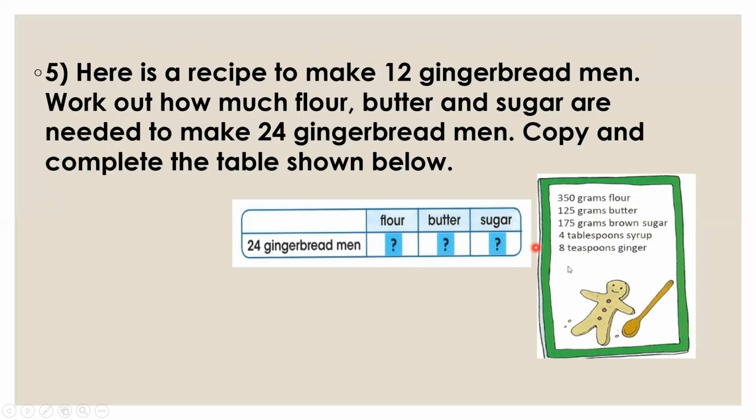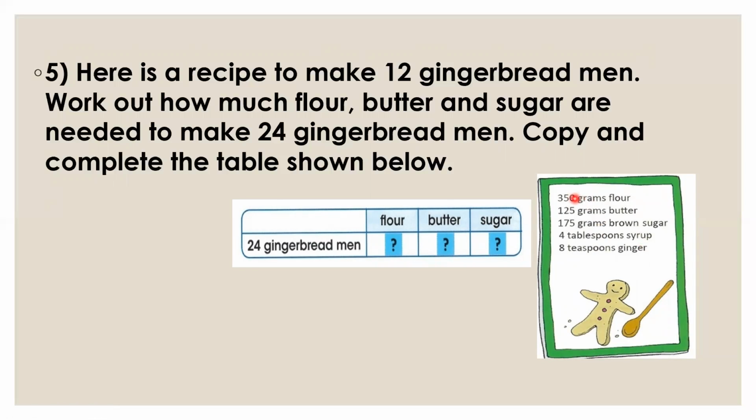See, they have given the details for how much quantity of each of flour, butter, and sugar is needed to make 12 gingerbread men. We need to find it for 24 gingerbread men. So is there any connection between 12 and 24? Yes, the double of 12 is 24.